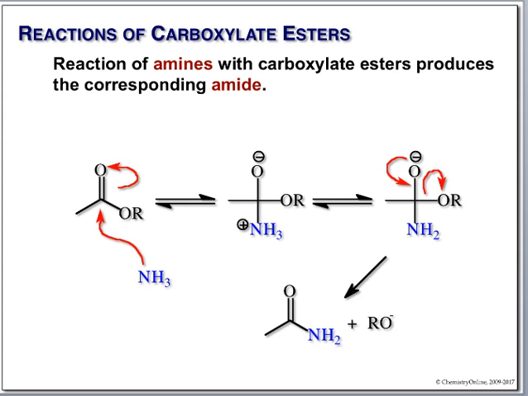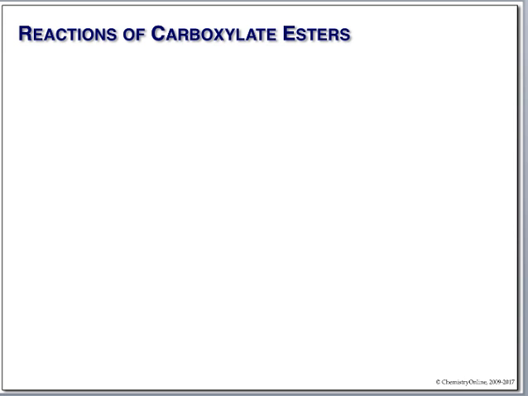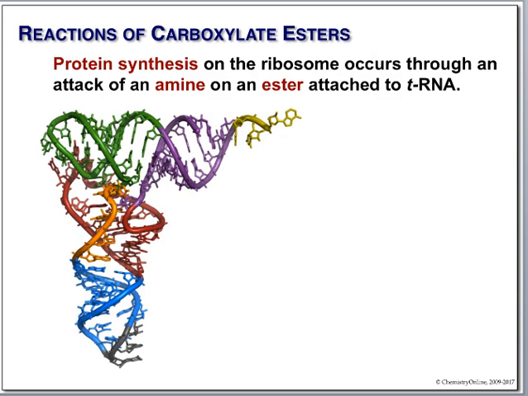Now, when we talked about this originally, I said this was a very important process in biochemistry. It is. We've all heard of transfer RNA, haven't we? This is how you make proteins, right?